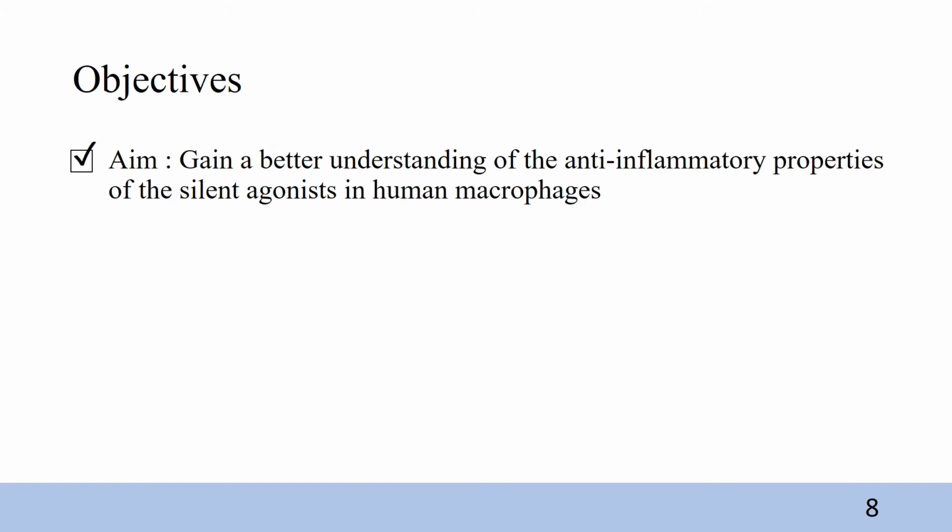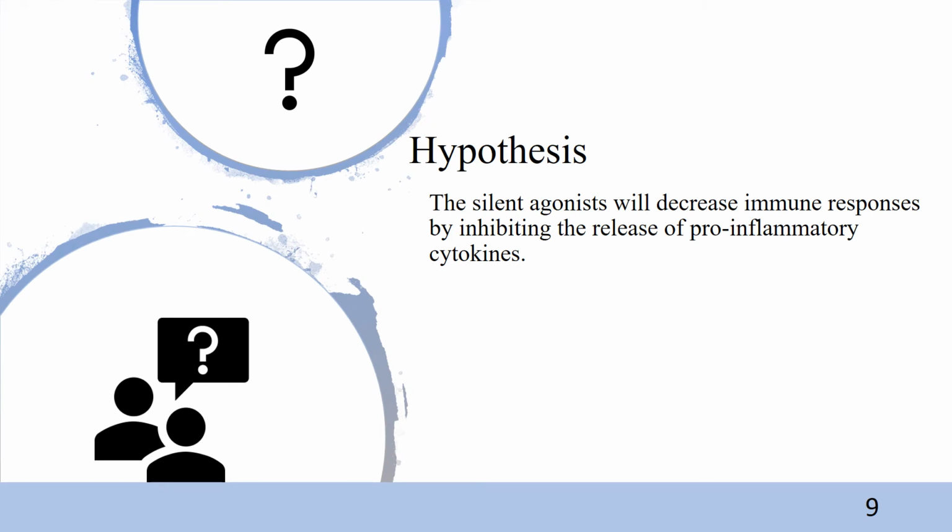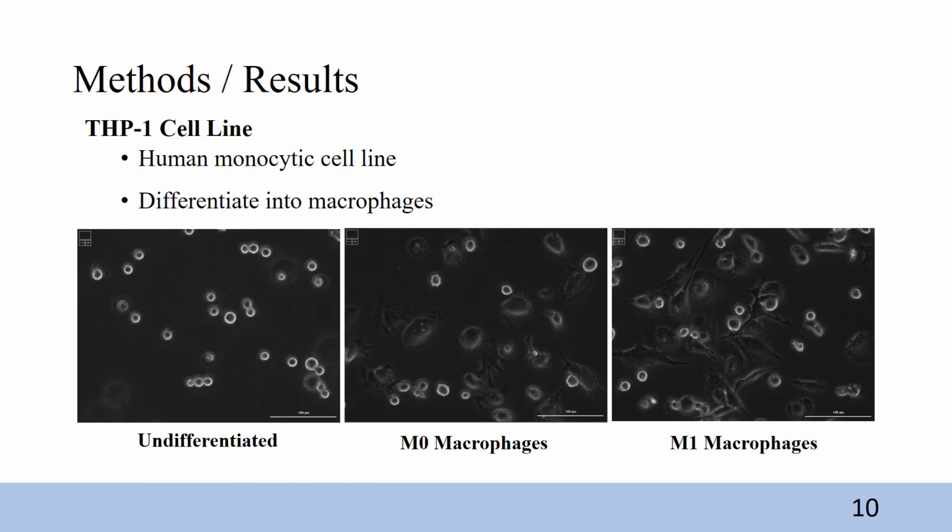So the objective of this study is to gain a better understanding of the anti-inflammatory properties of these silent agonists in human macrophages. It is hypothesized that the silent agonists will decrease immune responses by inhibiting the release of pro-inflammatory cytokines. For this study, the THP1 cell line was used.